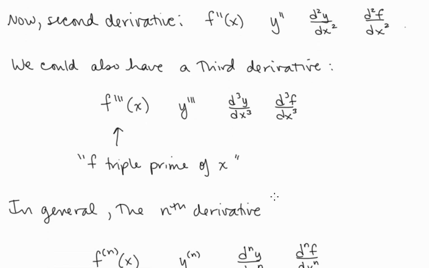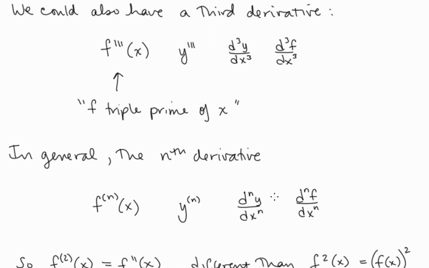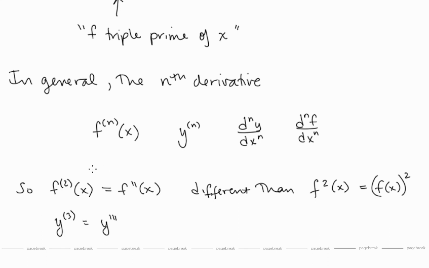And in general, the nth derivative would have notation f with parentheses around the n here of x. Same thing here, y, we would have parentheses around the superscript n here. And here we're using the differential operator n times. And I just want to point out the difference when you use parentheses and when you're not using parentheses around a number.